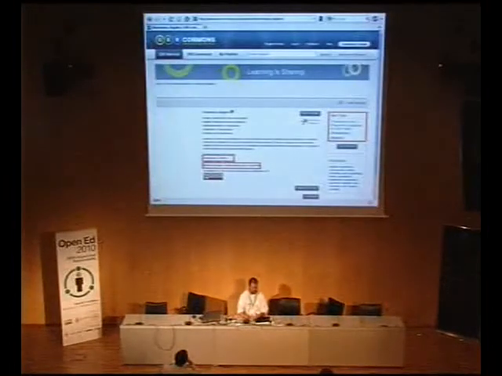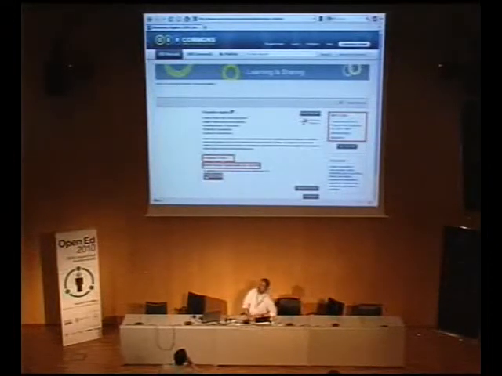OER Commons also ingests this same resource. It has the title information that came from Connections, but it also adds information about the language, tags that have been provided by their particular community, and file format information as well.